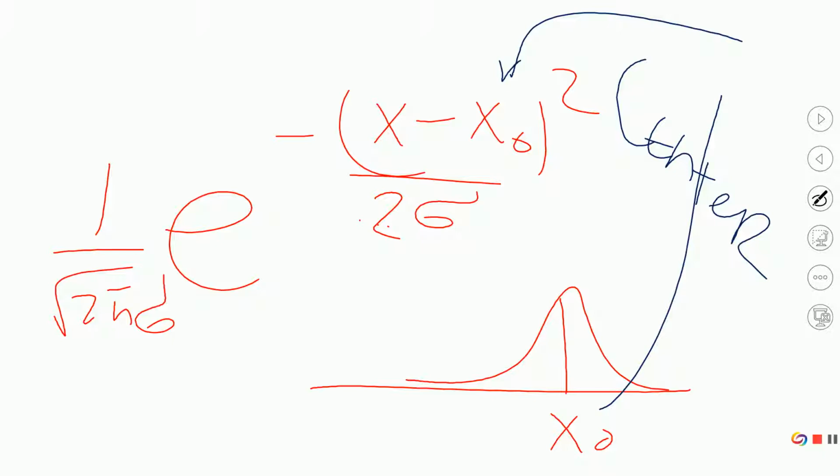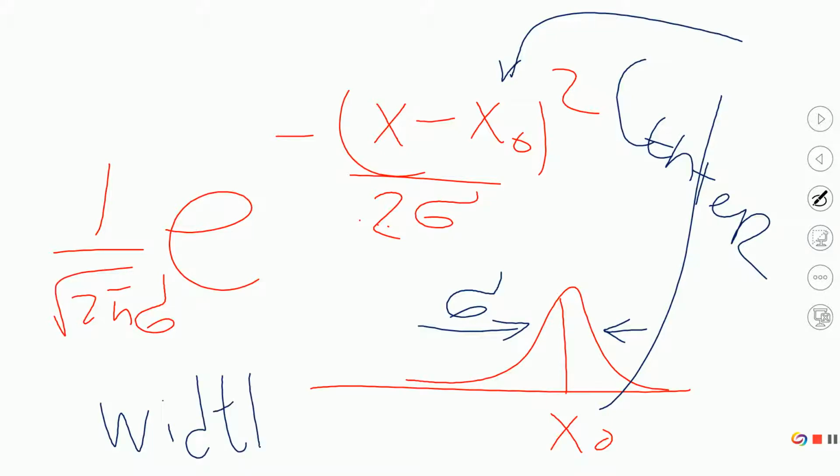And in the denominator is the width, how broad the distribution is. Large width, broader distribution. Small width, narrower distribution. The width comes into two spots: in the denominator of the power of the exponential and in the denominator of the prefactor if we want it to be normalized.